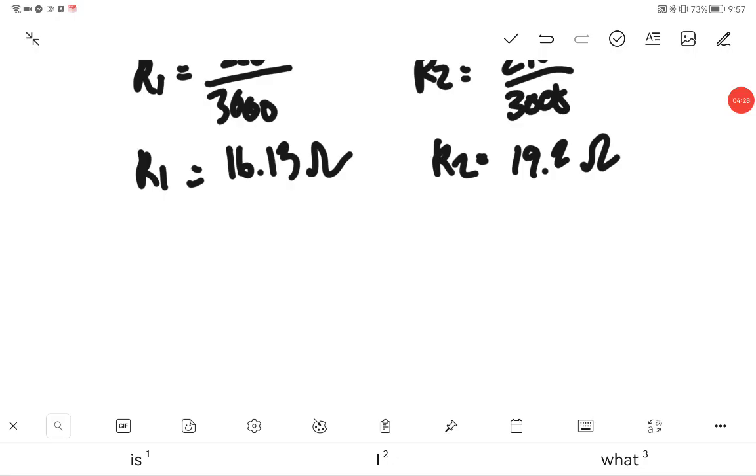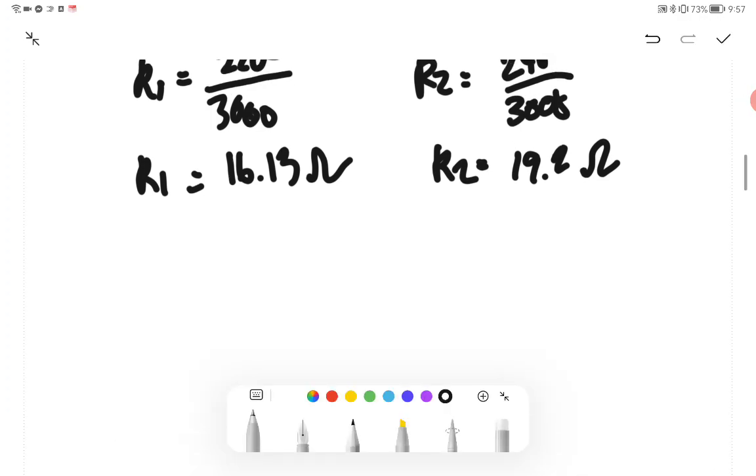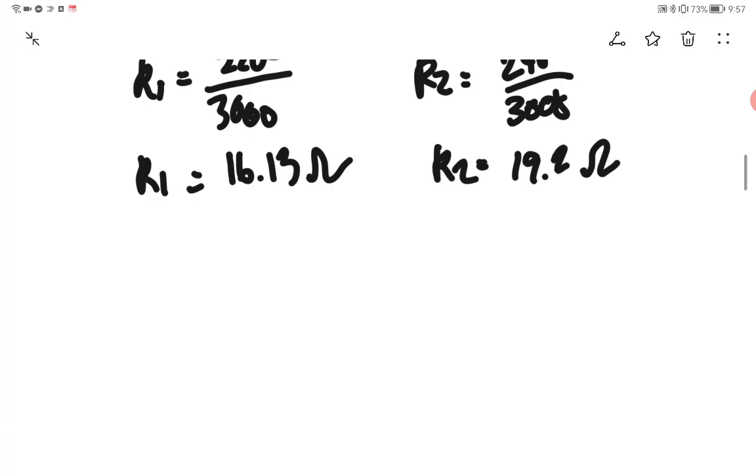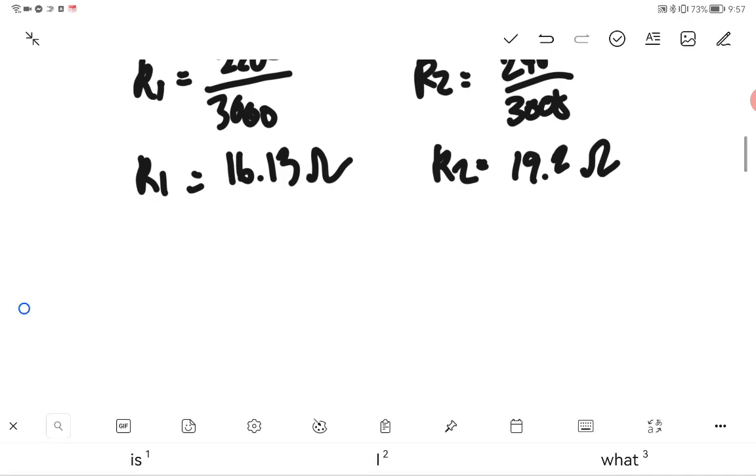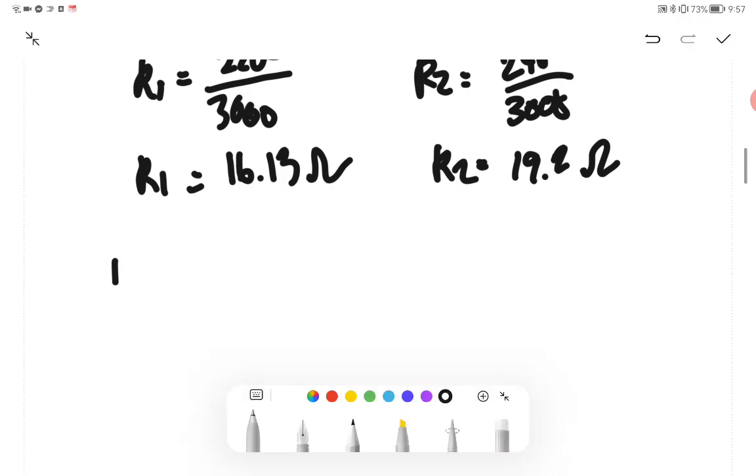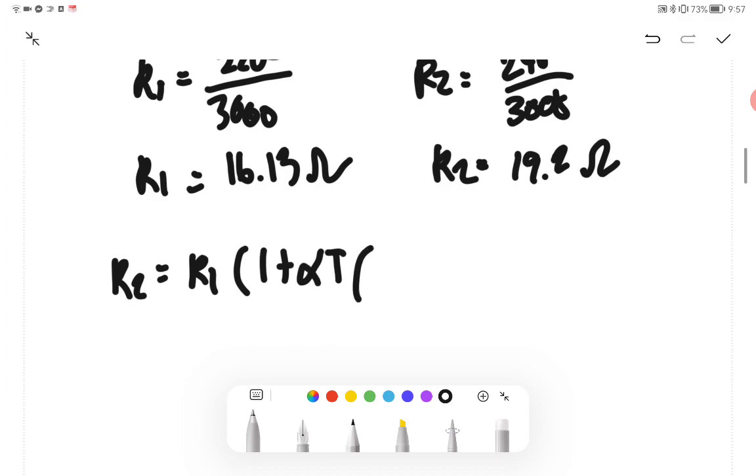So since we have that, we write in our formula for this one. We could write in our formula R2 is equals to R1 times 1 plus the temperature coefficient alpha multiplied by T2 minus T1.